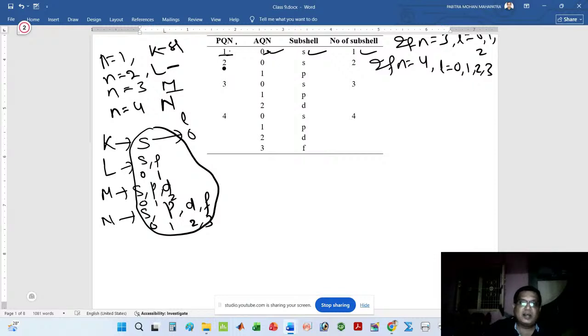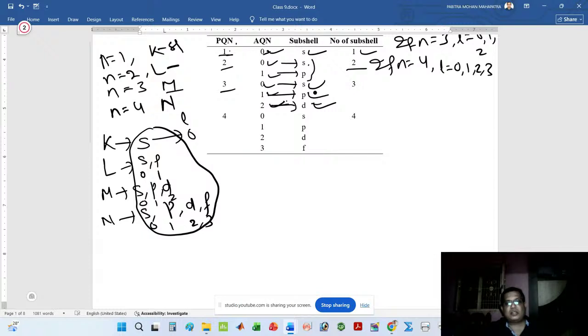If n is equal to 2, the L values are 0, 1. 0 represents S, and the new value 1 represents P. Here the total number of subcells is 2, one is S, another is P. If n is equal to 3, then the azimuthal quantum numbers are 0, 1, 2. 0 already represents S, 1 already represents P, the new value 2 now represents the D subcell. So here the number of subcells is what? 1, 2, 3. There are 3 subcells.